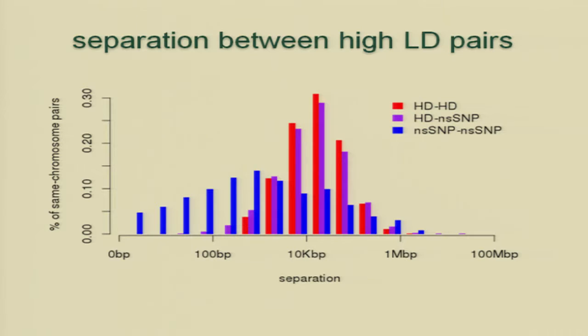There's not much that are separated by less than, definitely less than 1,000 bases or so. The non-synonymous SNP that are highly correlated tend to be a little bit closer together.